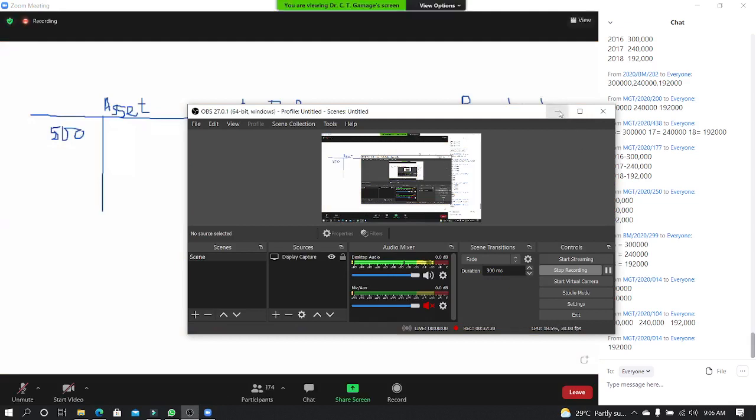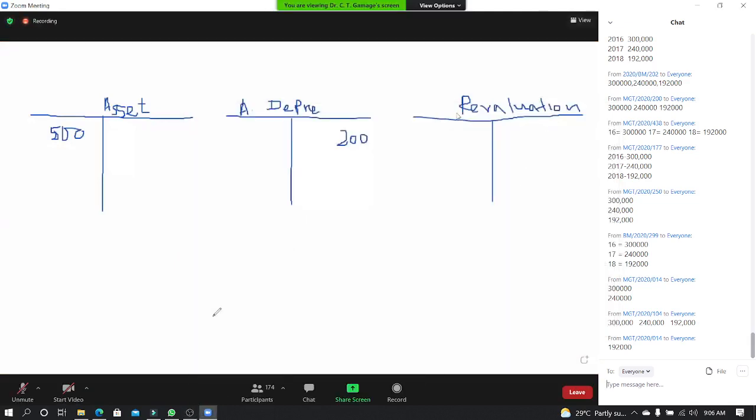Assessed and accumulated depreciation 200,000. So they say that they do the depreciation by 20% straight line method.